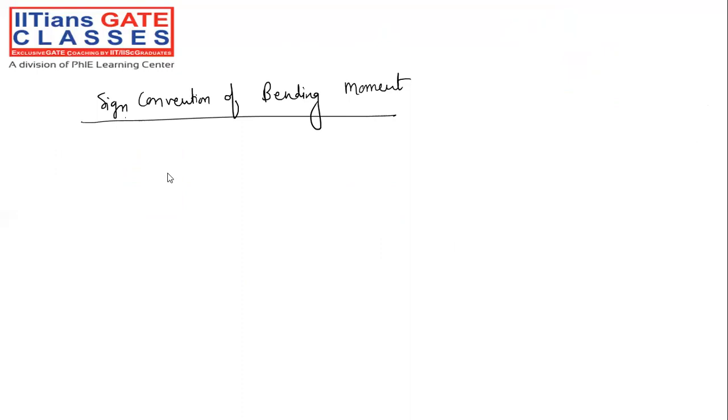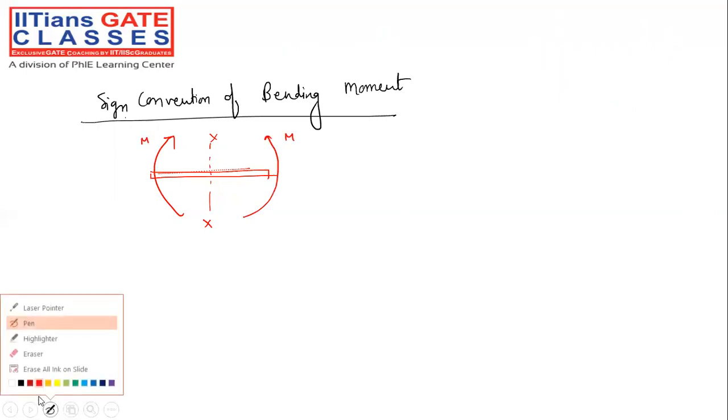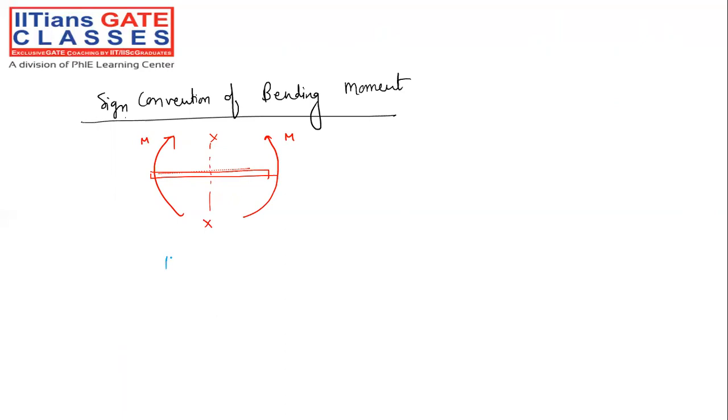Everybody might be knowing, any beam which is being subjected to, at any section, suppose a bending moment has been applied like this, meaning the top fiber is under compression and the bottom fiber is under tension, then we say this bending moment is positive bending moment, and this type of bending moment we call sagging bending moment. What do we call it? Sagging bending moment.